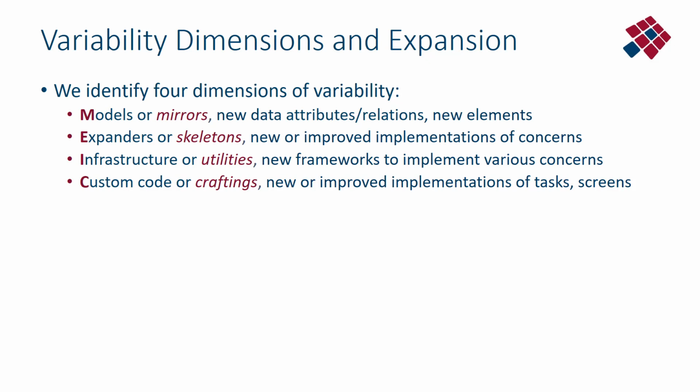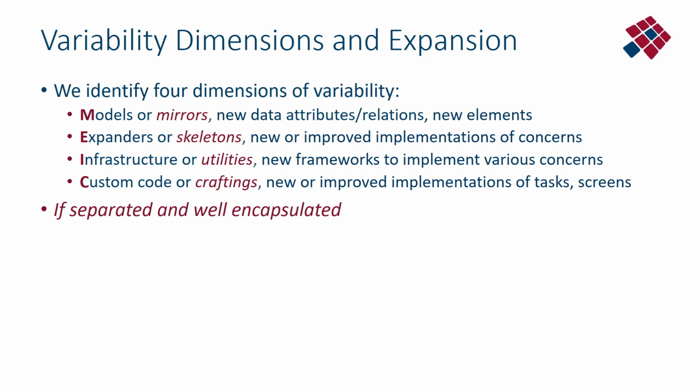Now, it is very important that we cleanly and properly separate those 4 dimensions, those 4 fundamental dimensions of evolution in a software system. The models, the skeletons of the recurring structure, the infrastructure to deal with the cross-cutting concerns, and the custom code or craftings.